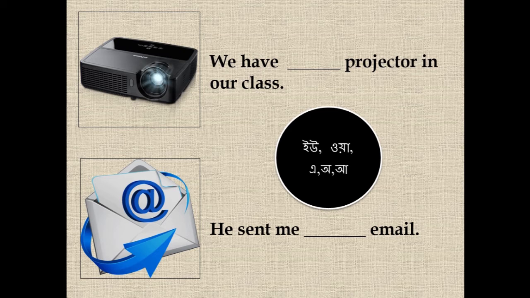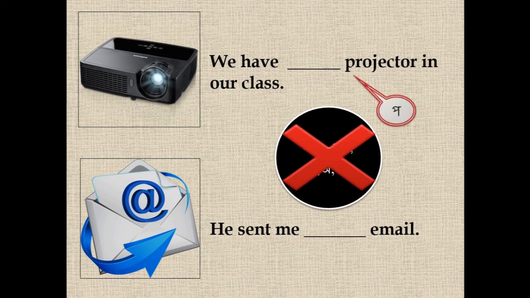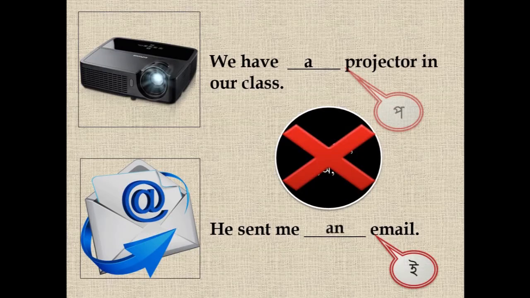So now "yu", "wa", a or an. Here we have no "yu" or "wa", but we have a consonant, then we have to use a, and then we have a vowel, and then we have to use an.